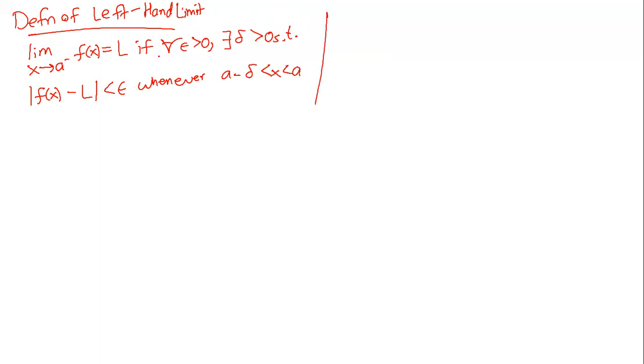You can imagine there's an analogous one for the right-handed limit, where the difference is going to be that a is less than x is less than a plus delta.